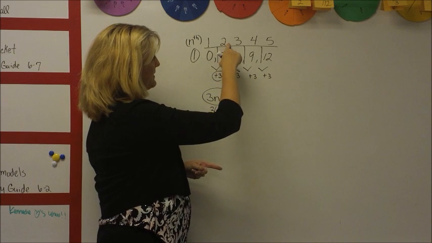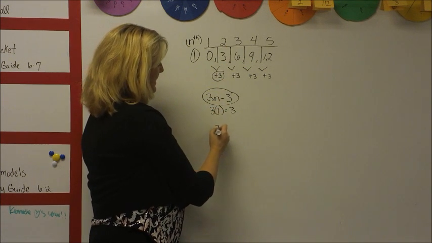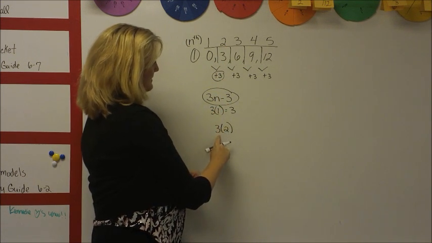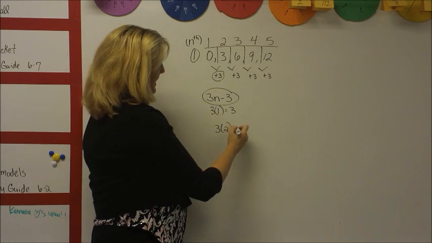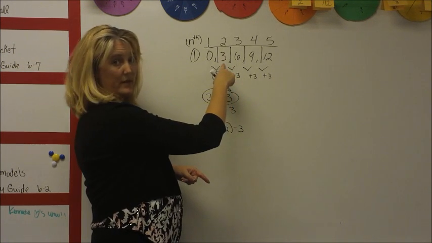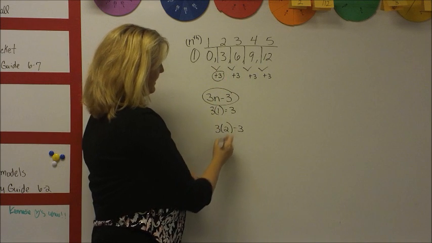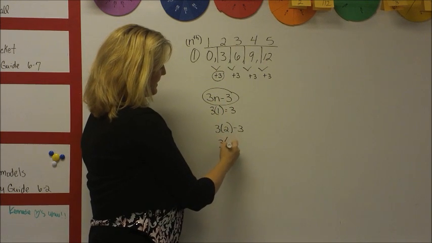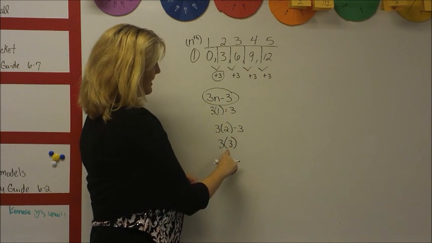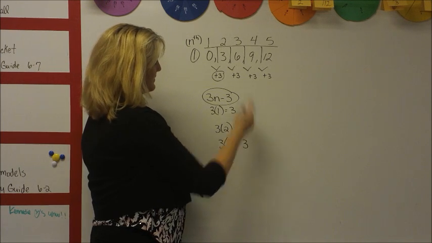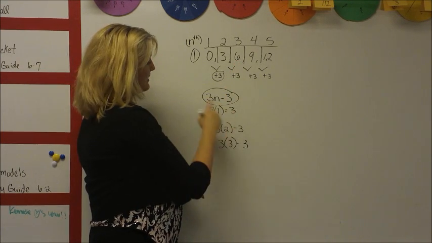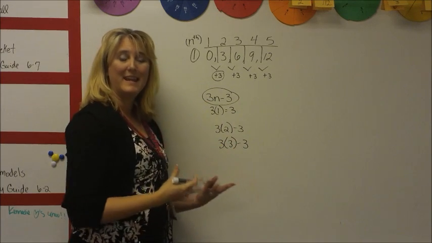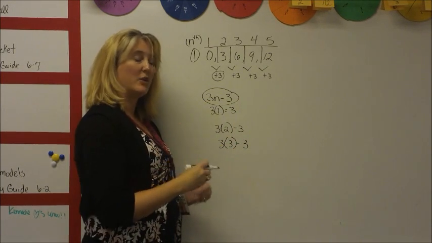Let's see if it works for second position. 3 times 2 is 6, and 6 minus 3 is 3. Okay, let's try it here. 3 times 3 is 9, and 9 minus 3 is 6. You see how I can use this expression to find any term in the sequence.